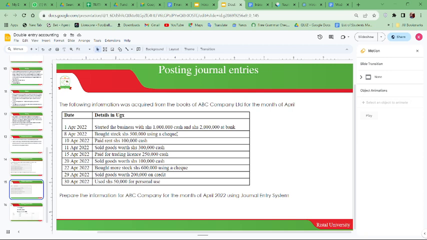The stock is increasing because the company bought stock or goods using the check. So the company is receiving the goods. So the stock is increasing and then the bank is losing. How much? Which is 500.